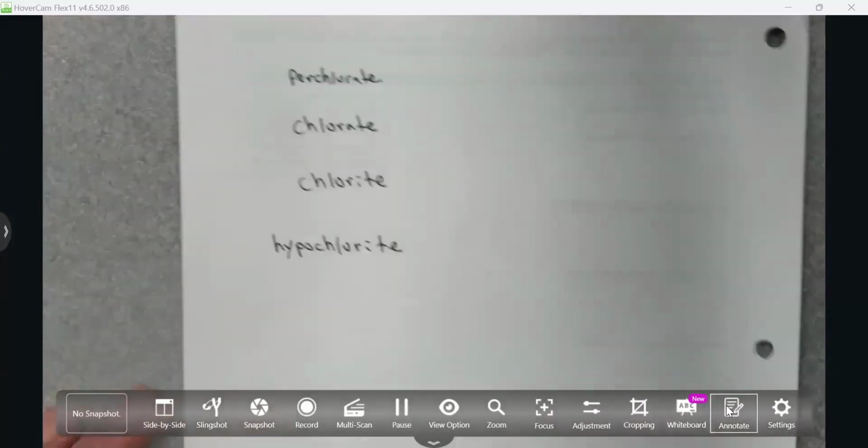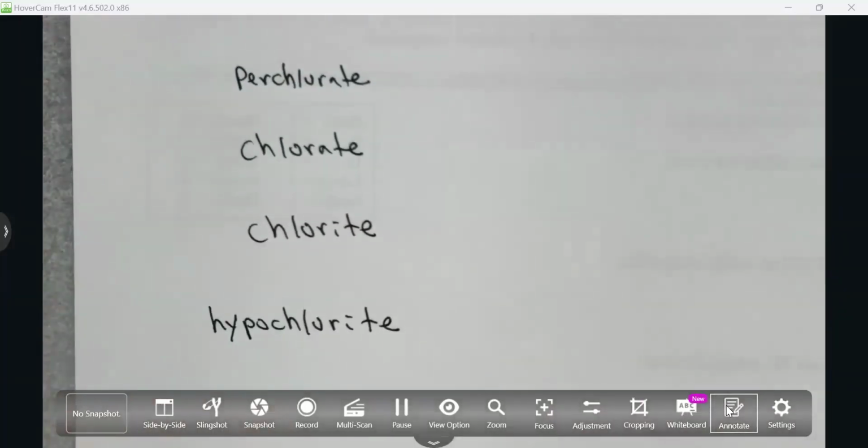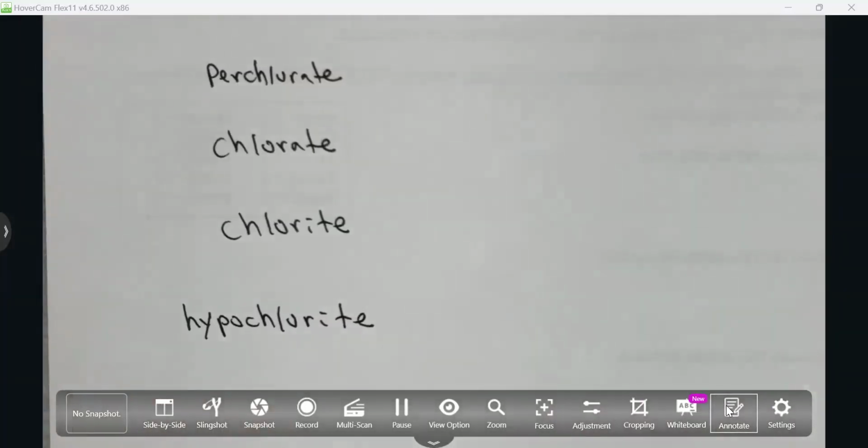I think we got them all. Yes. All 4 of those are highlighted. Perchlorate, chlorate, chlorite, hypochlorite.